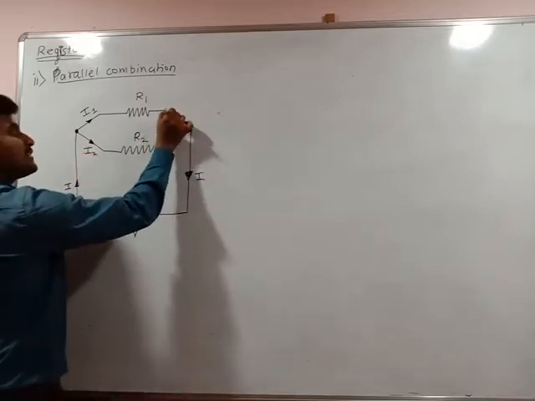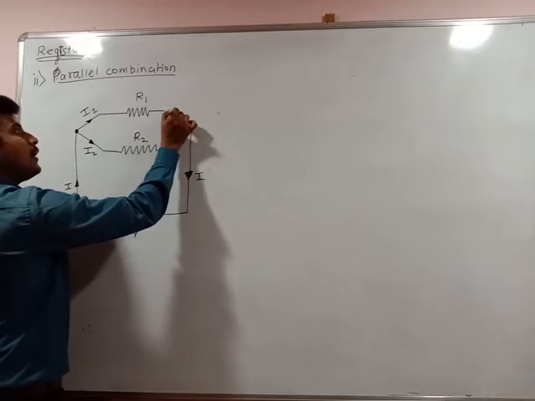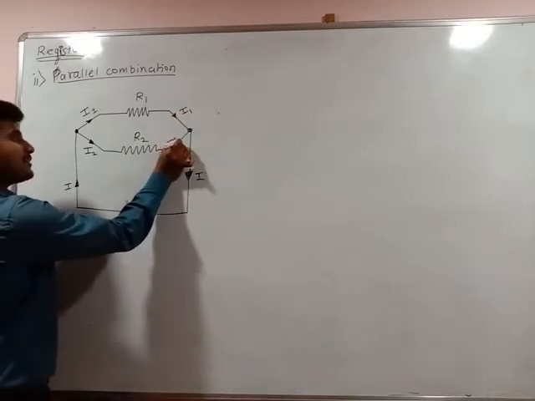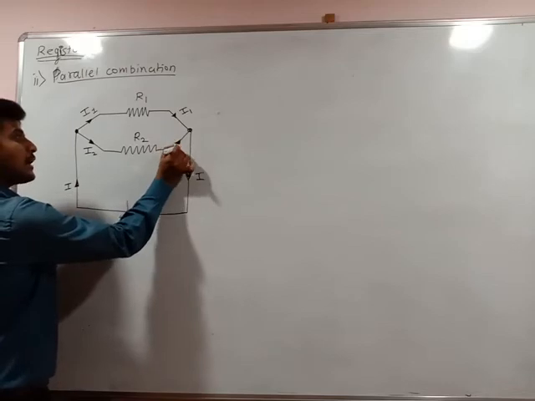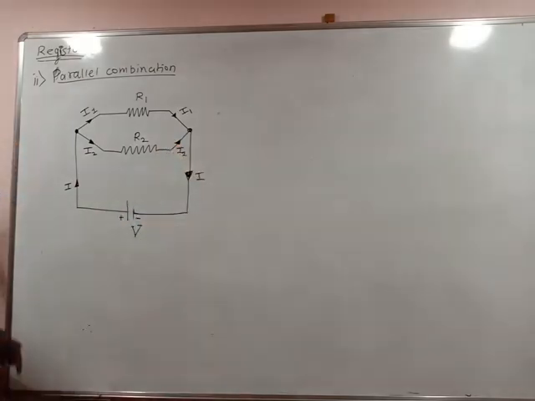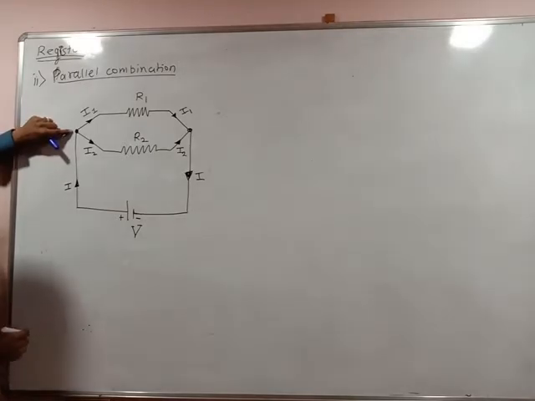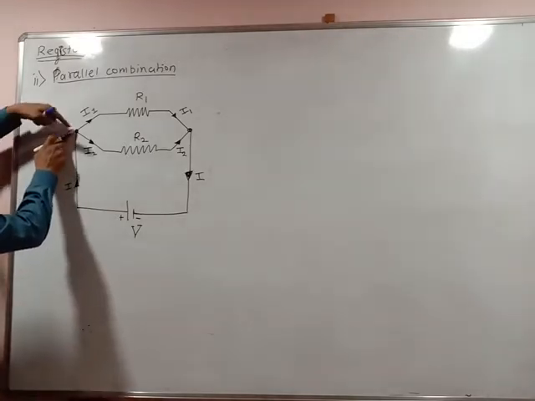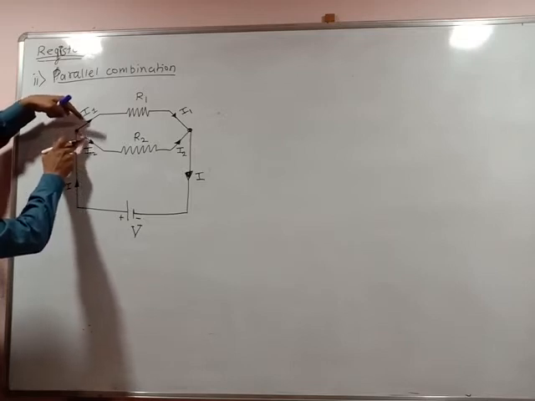The same current coming out of R1 is I1, and the same current coming out of R2 is I2. Is it clear? At this point the current is I. After this point, what happened? The current divided into two values, I1 and I2.